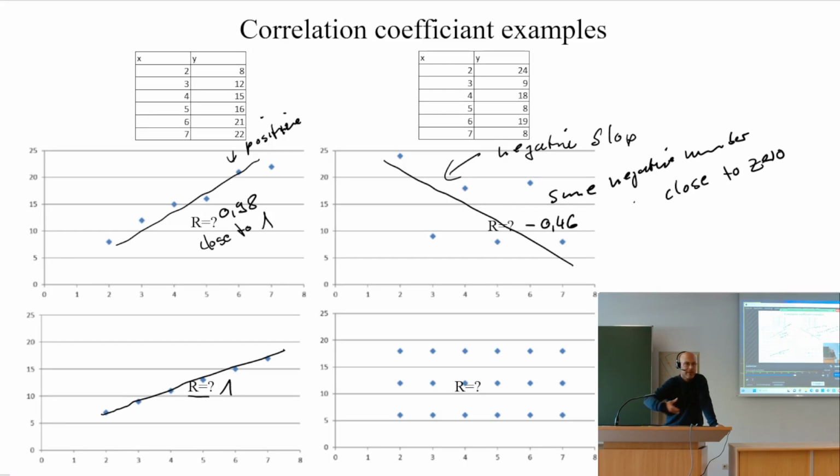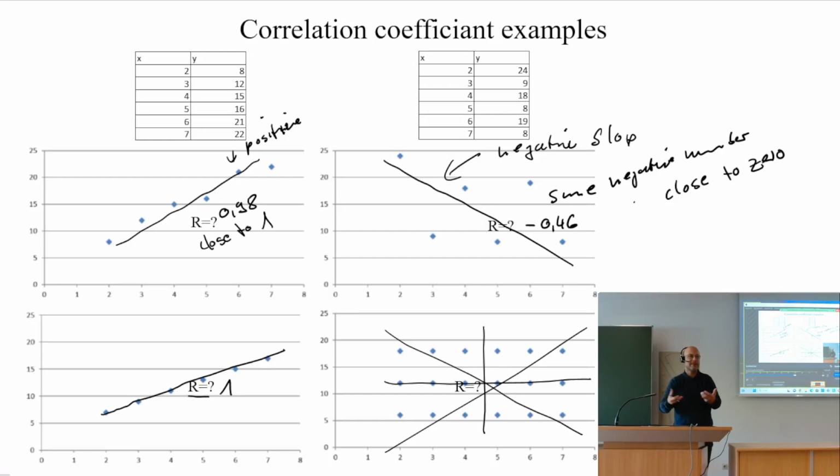It's totally symmetrically distributed. So is this the best fit, or is this the best fit? Or would it be this, or would it be this? We don't know. And for this, we more or less cannot determine any dependence between x and y. And so here we would have a correlation coefficient of r equals 0.